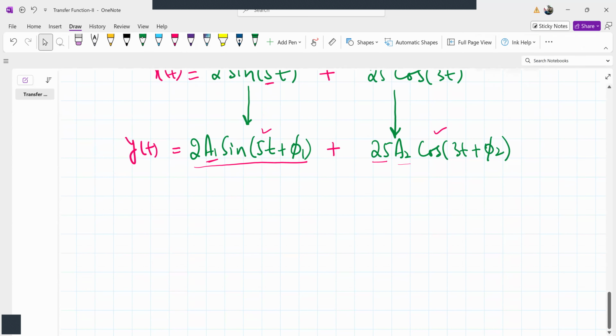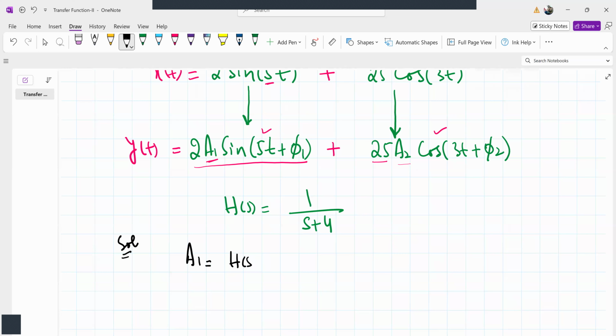So the transfer function is 1 divided by s plus 4. Let's start with A1. A1 will be simply equal to the magnitude of h of s when s is equal to j omega. So h of s is 1 divided by s plus 4, with s equal to j omega.